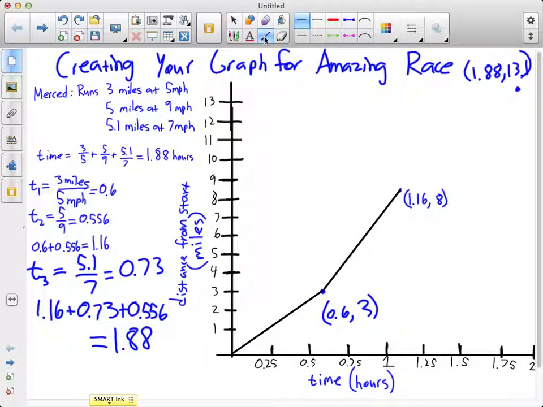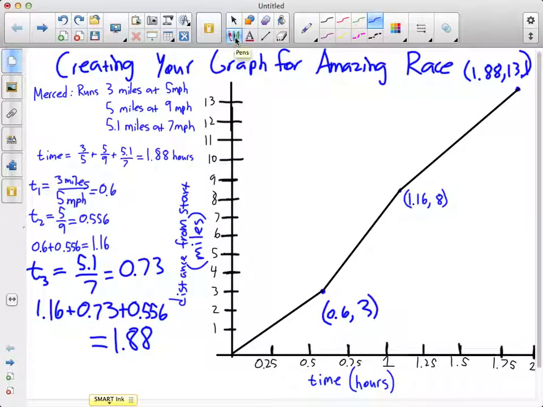And then I can draw the line to connect those. So you can see he definitely slowed down a little bit because he was only going 7 miles an hour. All three of these slopes are different because all three of these speeds are different.